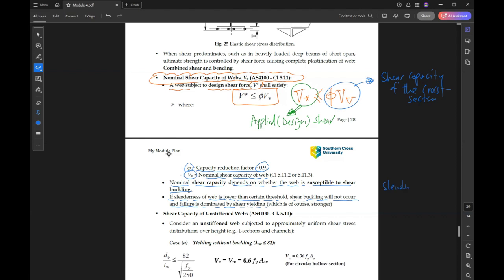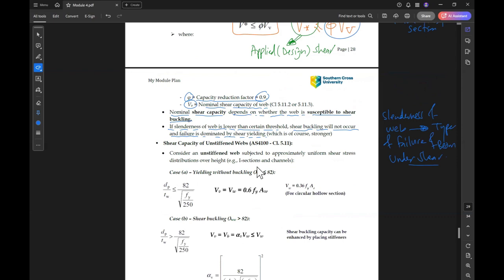So the slenderness of the web decides the type or the mode of failure of the beam or the cross section under shear. To find the shear capacity of the web, we have two types of web.